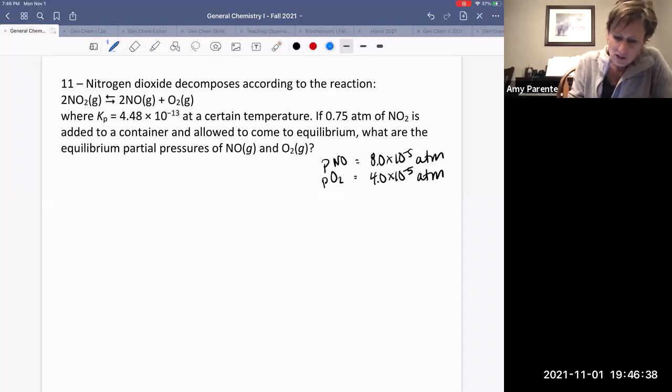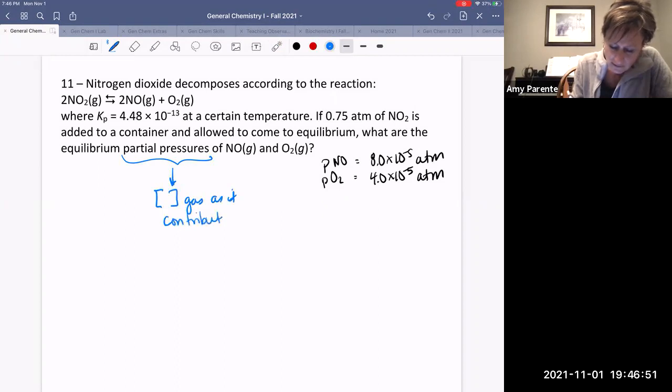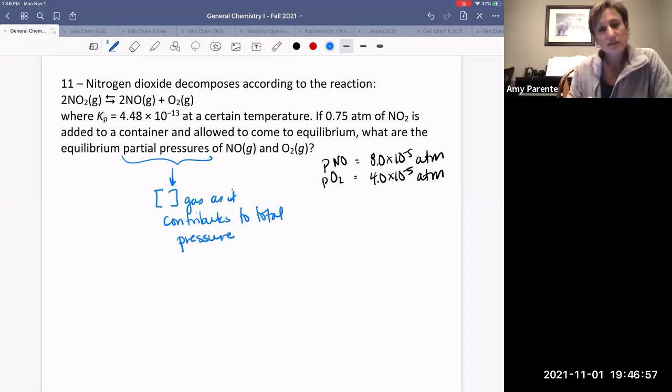Let me just take a second and write this down. So this partial pressure really represents the concentration of the gas as it contributes to the total pressure. So we've seen this before. This is going to be an important equation to think about.